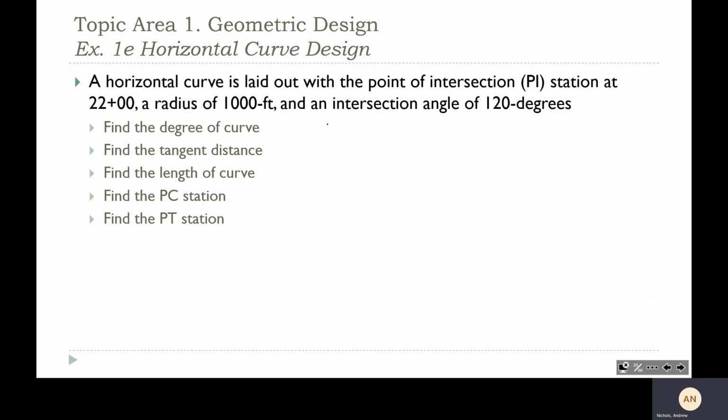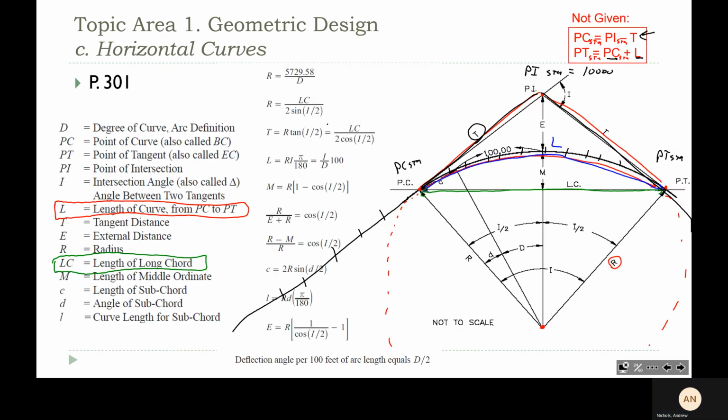So look at this example. A horizontal curve is laid out with the PI, the point of intersection, at station 22+00, a radius of 1,000 feet, and an intersection angle of 120 degrees. What is the intersection angle in this diagram?